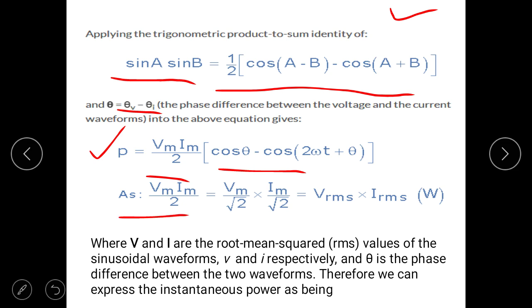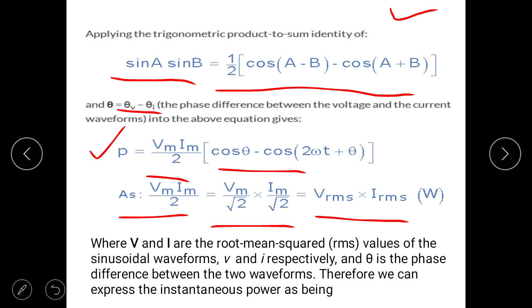As Vm Im by 2 is equal to Vm by root 2 into Im by root 2, or Vrms Irms watt, where V and I are the root mean square values of the sinusoidal waveform, and theta is the phase difference between the two waveforms.